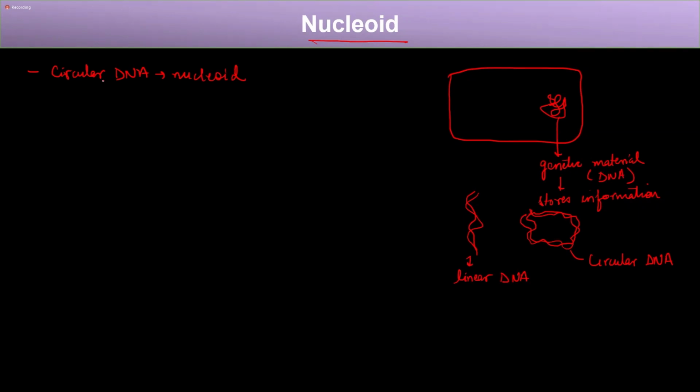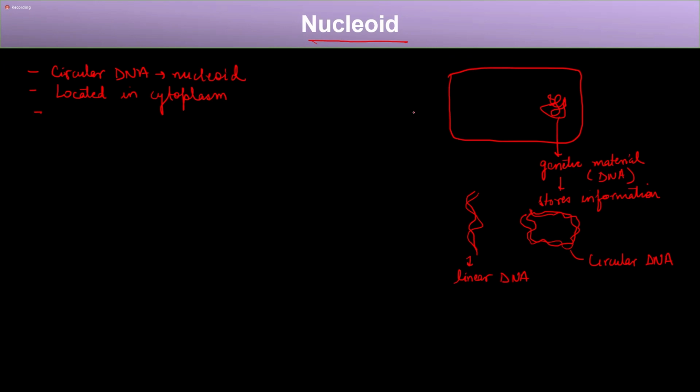Okay. Now where is this nucleoid located? So nucleoid is located in cytoplasm. Now, if you remember, we have studied about the membranes, that there are certain organelles that are membrane bound, and there are certain organelles that are without membrane.